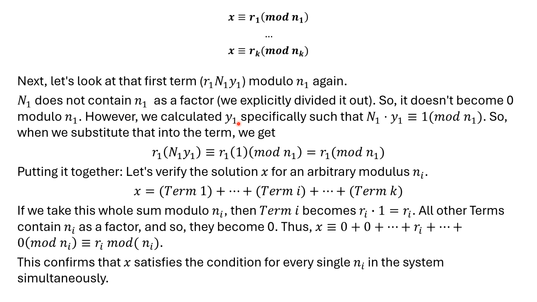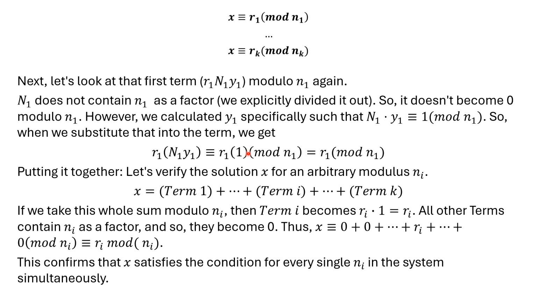However, we calculated y sub 1 specifically such that it was the inverse of capital N sub 1 modulo little n sub 1. So this is 1 mod n sub 1. We substitute that back in, and we evaluate this mod n sub 1.